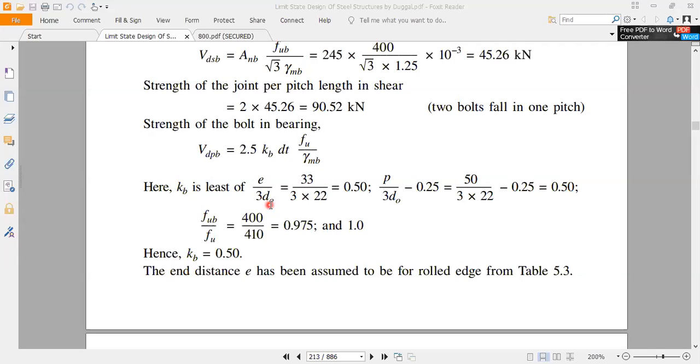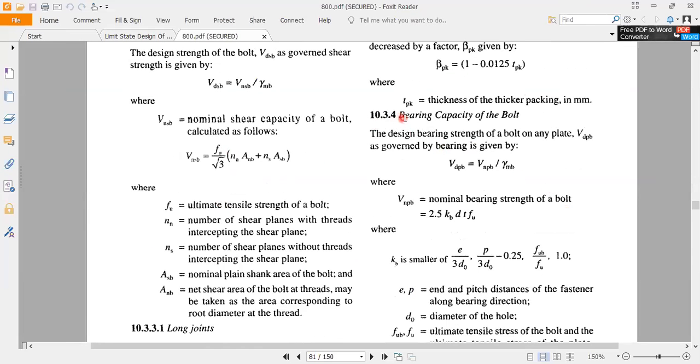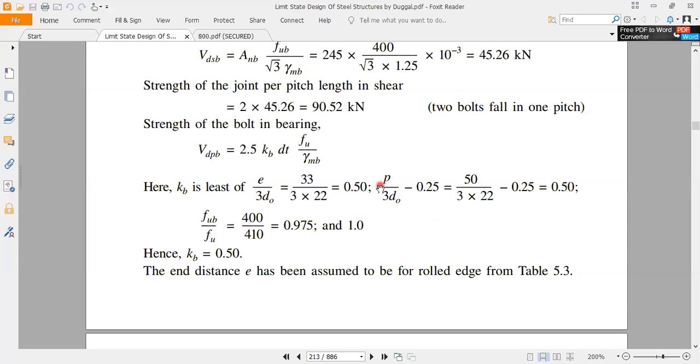Because the bolt diameter is 20, the hole diameter is 22, so edge distance will be 1.5 into 22, that means 33. This is available in the code, 10.3.4: 2.5 kb d t fu. So e by 3d0, then p by 3d0 minus 0.25. Here they have considered the pitch p equal to 50 millimeters.